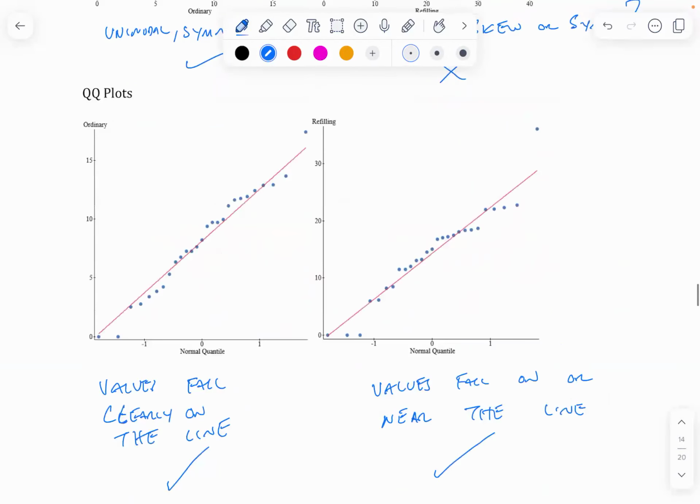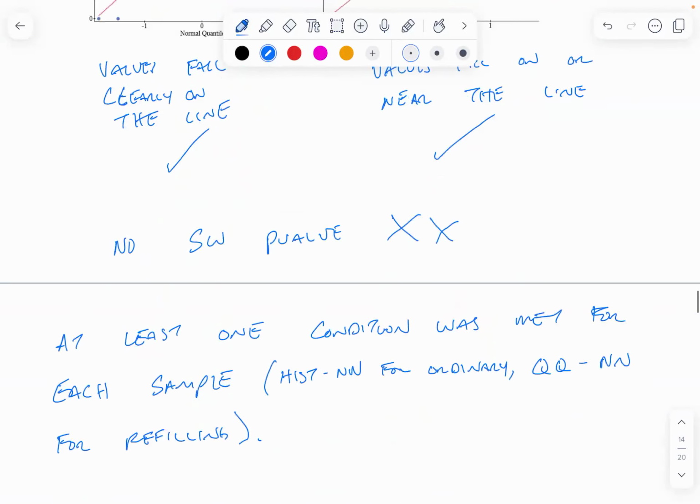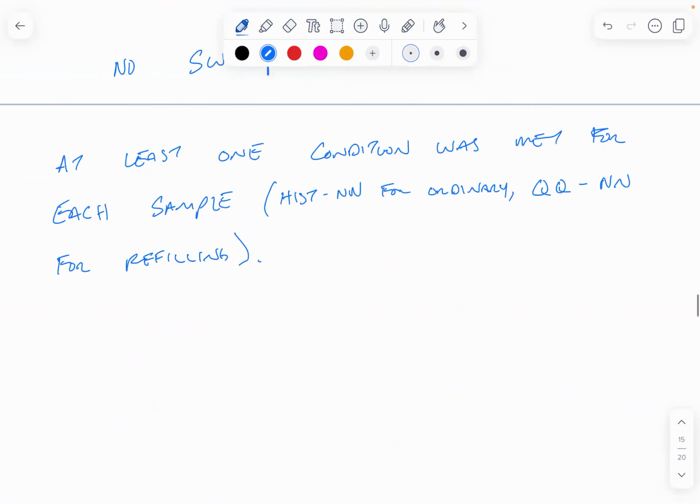Technically, the histogram and QQ plot were met for the ordinary bowl, but as soon as you meet one, I don't really check anymore, because as soon as I see the ordinary bowl looks unimodal and symmetric, I don't need to look at anything else. You only need one condition. You can continue to verify for practice as we did. All right, okay, at least one condition was met for each sample.